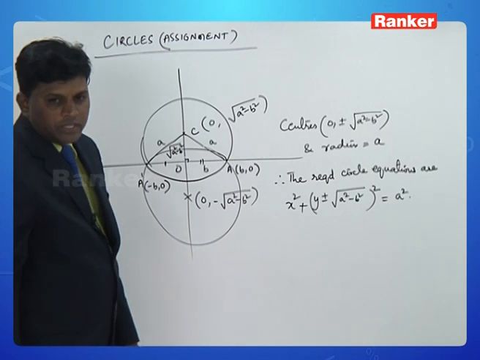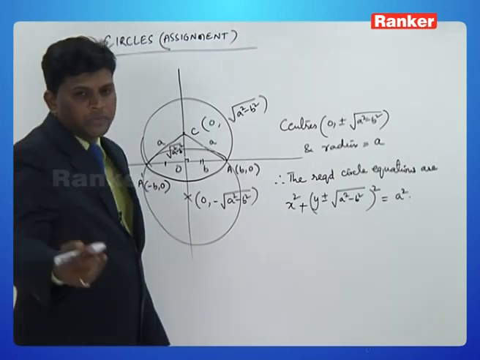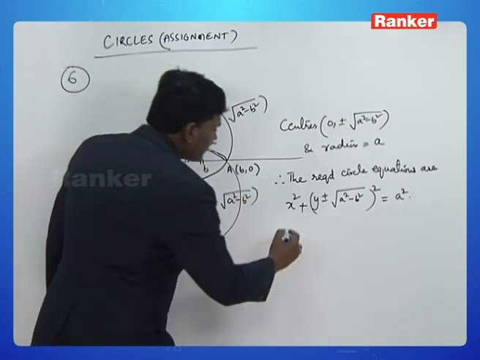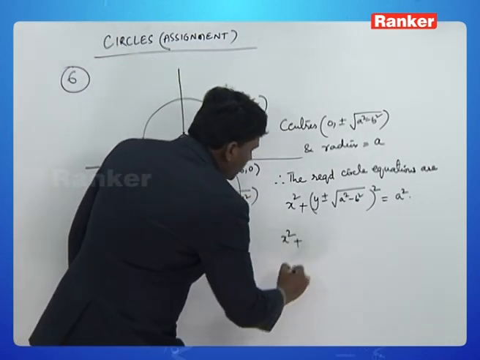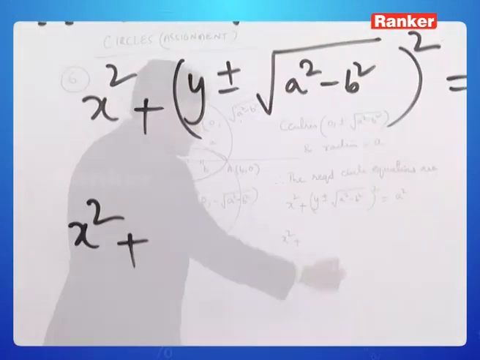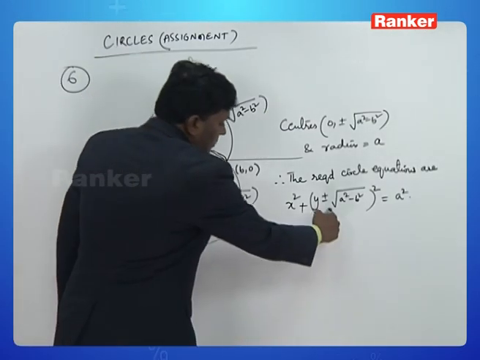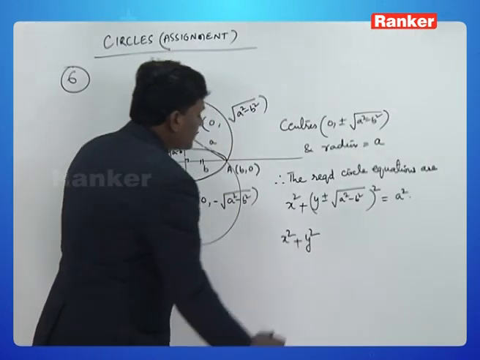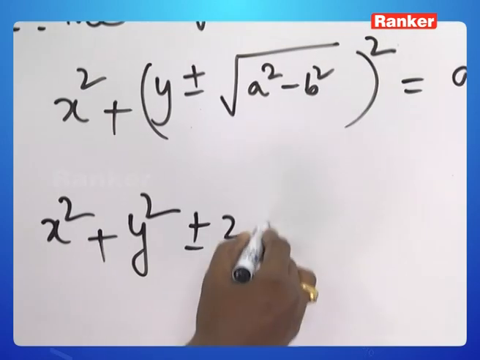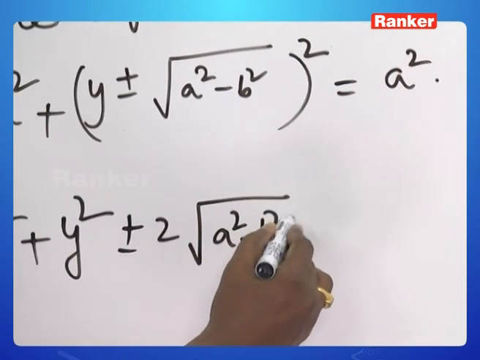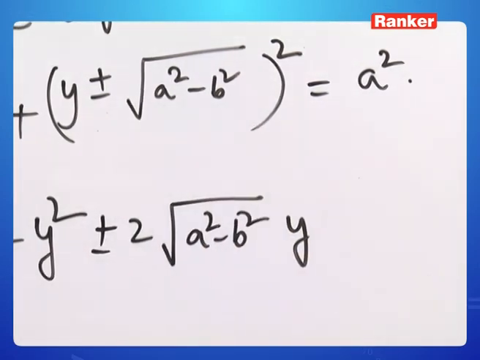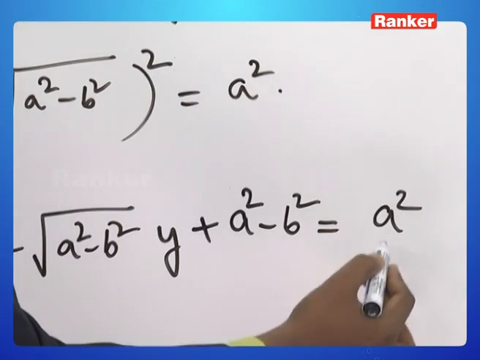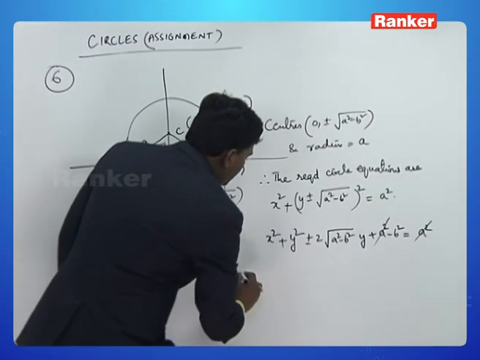If we simplify these equations, or according to the options, even simplification is not completely required. Here x square plus, if we apply the (a plus or minus b) whole square formula, y square plus or minus 2 root a square minus b square into y plus a square minus b square equals the right side, a square cancelled.